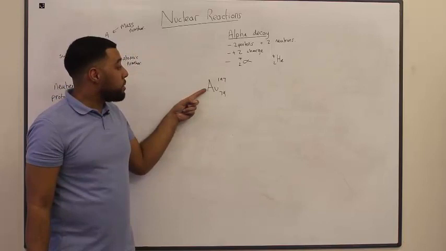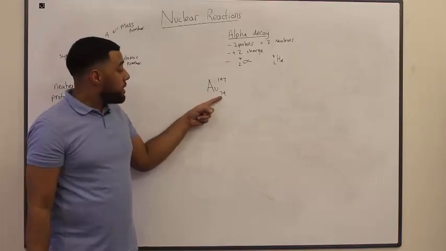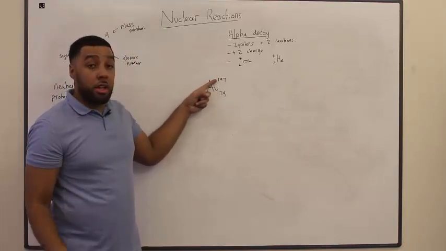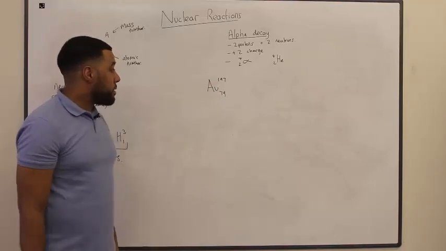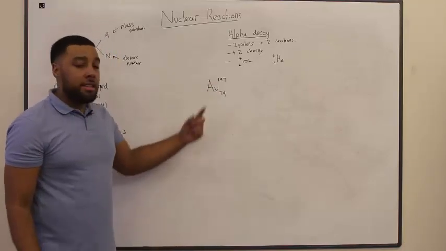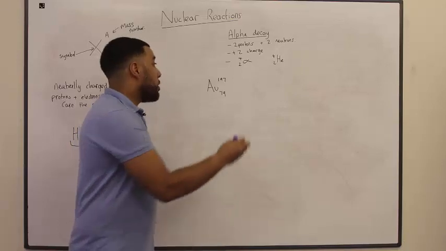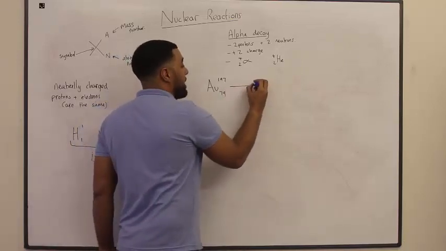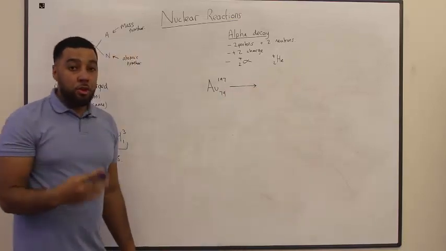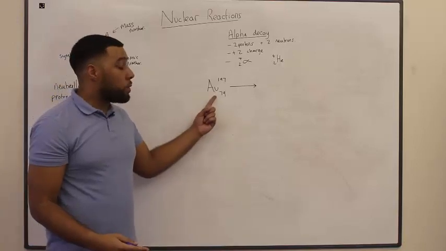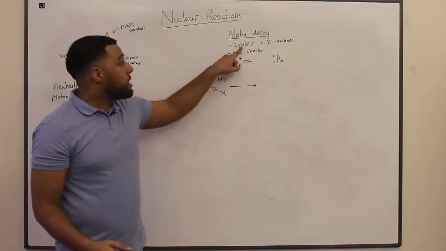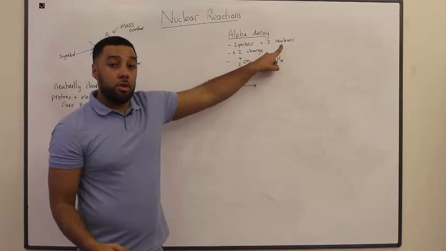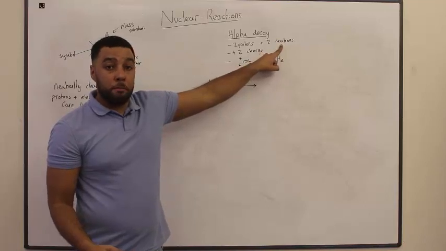The chemical symbol is Au. There's 79 protons and 197 mass units. But let's say that my gold element undergoes alpha decay. That means from the nucleus of this gold atom, I'm losing 2 protons and 2 neutrons.